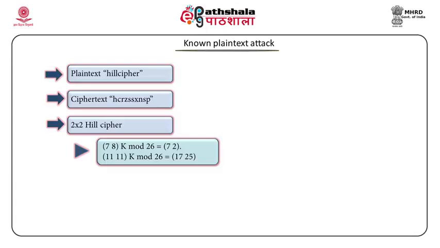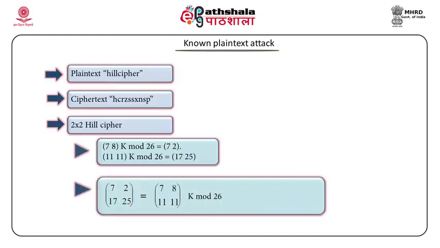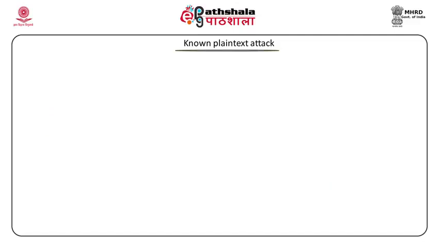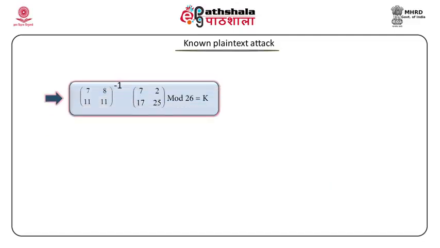The next 2 characters are L and L. So, 11 and 11 multiplied with the key mod 26 gives you R and Z, that corresponds to the numeric values 17 and 25. So if you prepare the equation, it goes like this: 7, 2, 17 and 25 represents the C matrix. The P matrix is 7 and 8, 11, 11, times K mod 26.